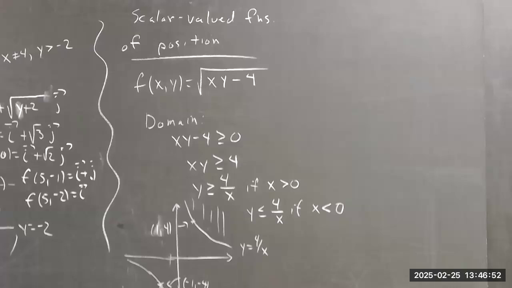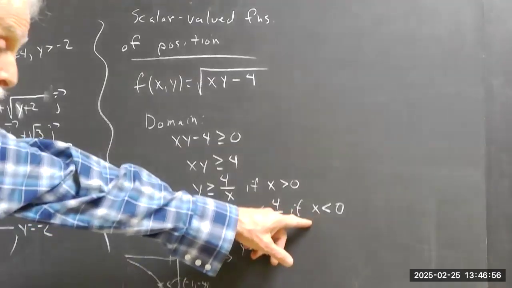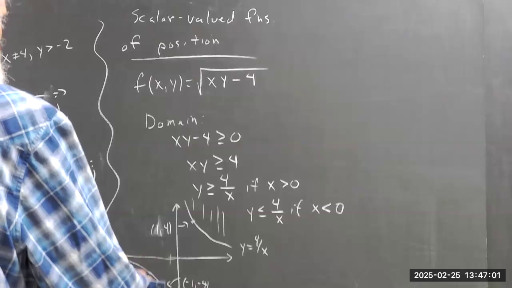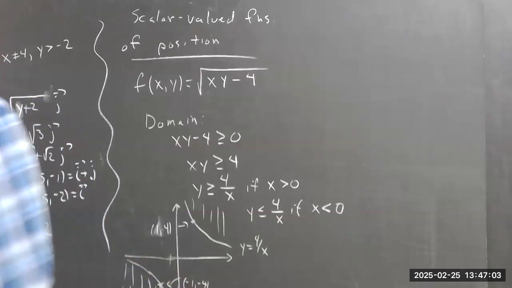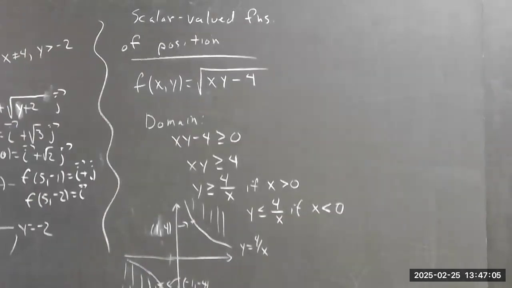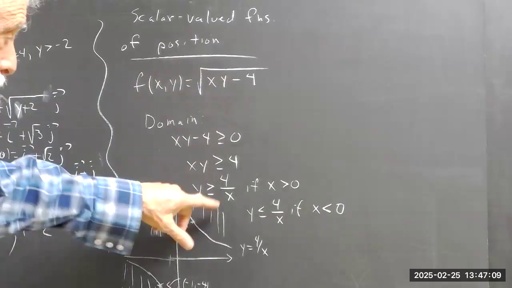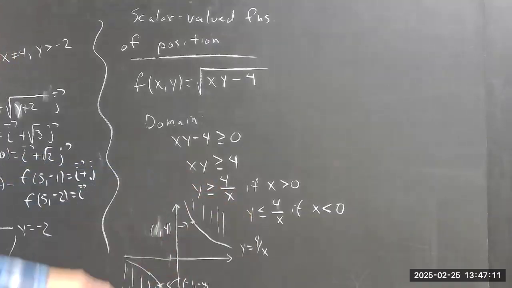Okay, x is negative on this side of the axis, so when you divide by x, you're dividing by a negative number. So what I did there was kind of dumb, I know better.